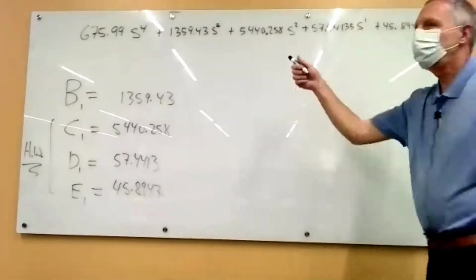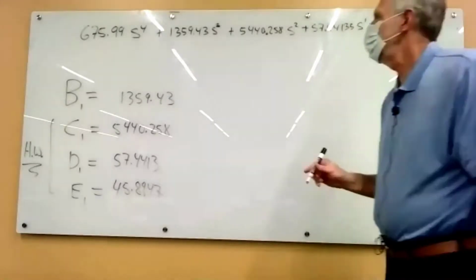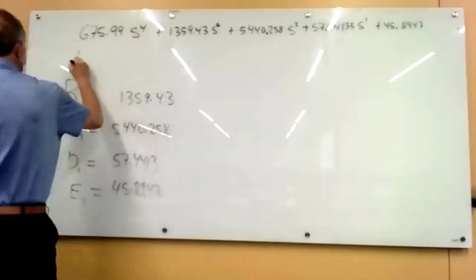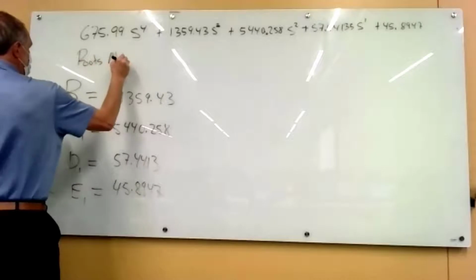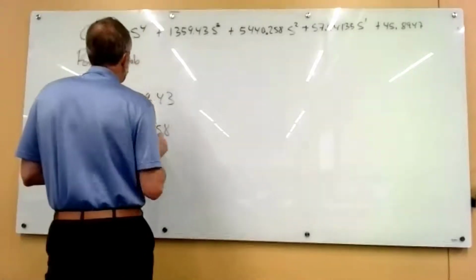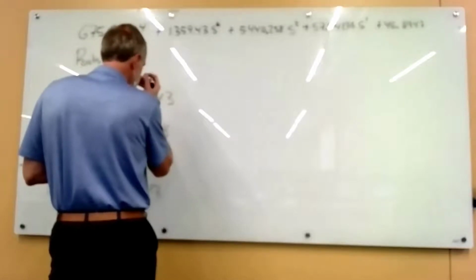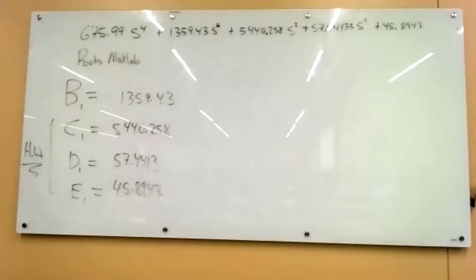So it's a fourth order polynomial, so we're going to get 4 roots. And the easiest way to do that is to use MATLAB. And literally you type in a vector, an array that contains the coefficients of the polynomial, and then you say roots.